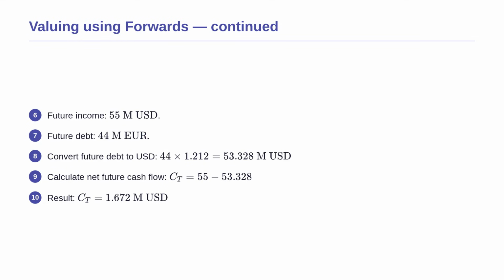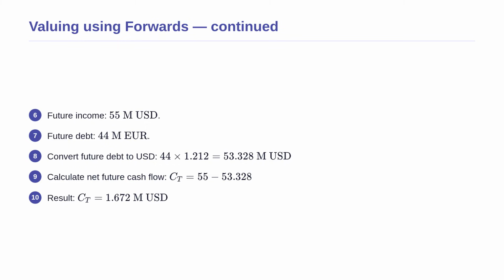Continuing with the forward method, we now calculate our net cash flow at the end of the year. We know we will receive exactly 55 million US dollars. However, we have to pay 44 million euros at that same time. We use our newly calculated forward rate of 1.212 to convert that 44 million euro debt into US dollars.